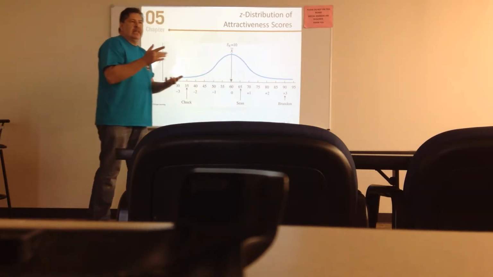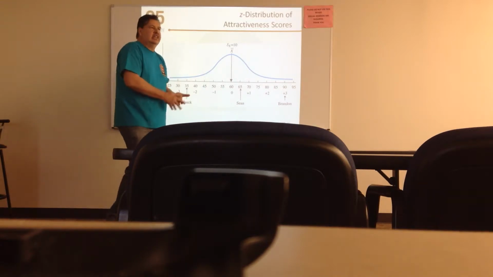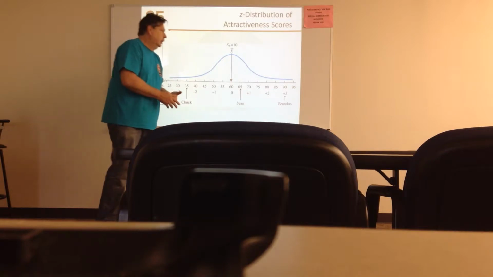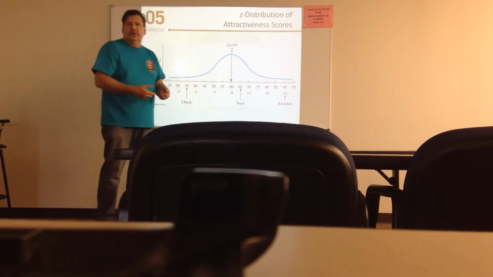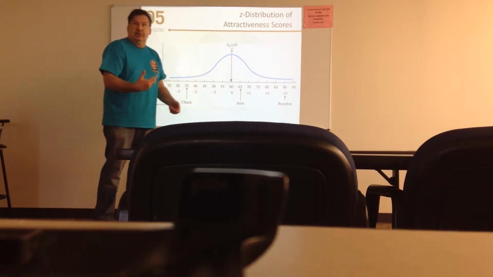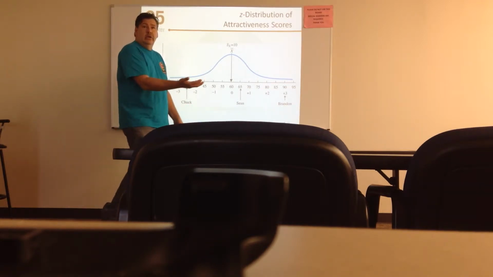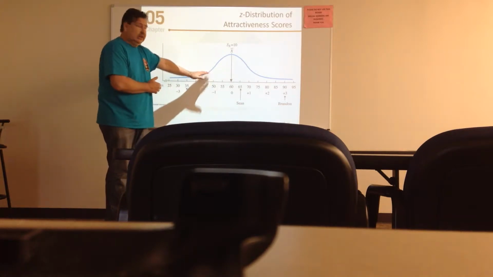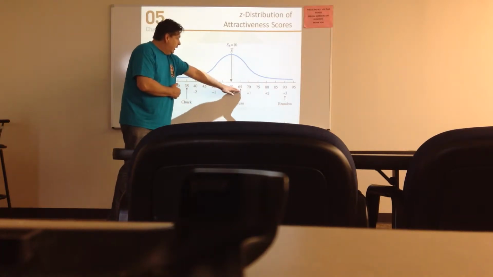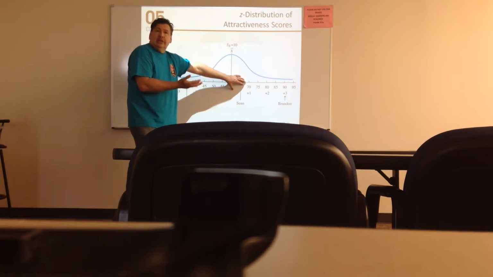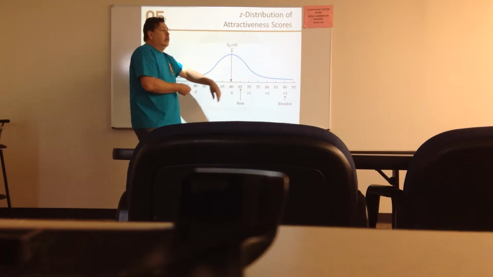Like people have to take the ACT test, the SAT test. That will determine how well someone's going to do in college. Well, if you're going to go into grad school, the GRE, the Graduate Record Exam, is a test that will determine how well you will do in graduate school. And it's based on this same principle. We know that if you score average or above the mean, you're probably going to do okay in grad school.